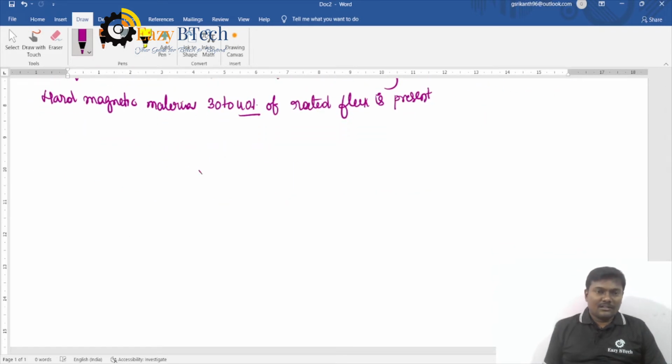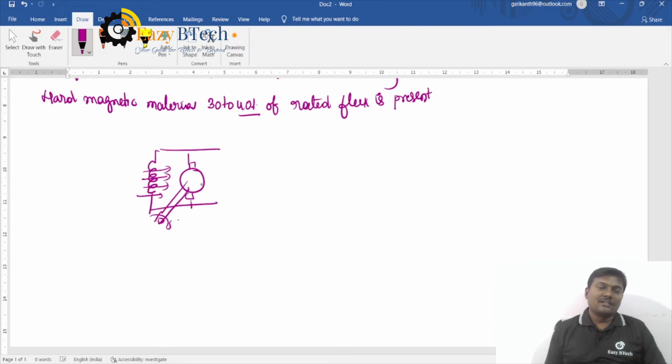So what will happen due to the residual flux? It will be cut by the armature, and an EMF is generated in the armature.